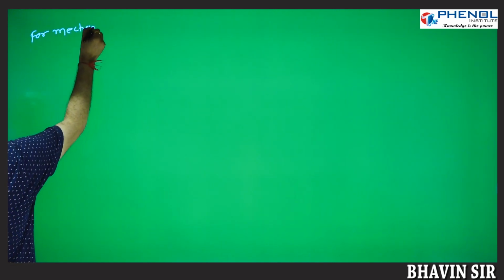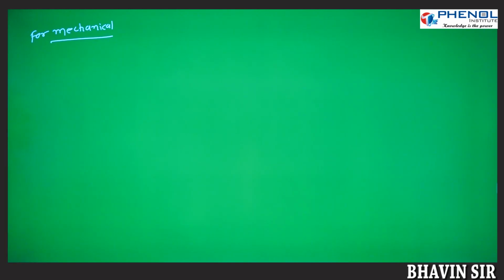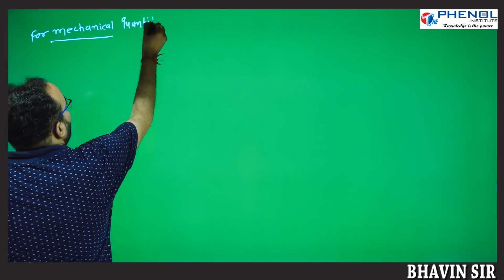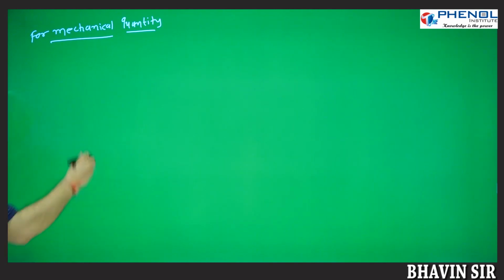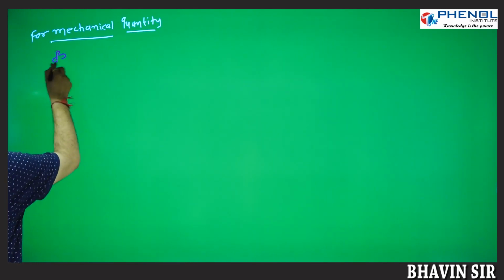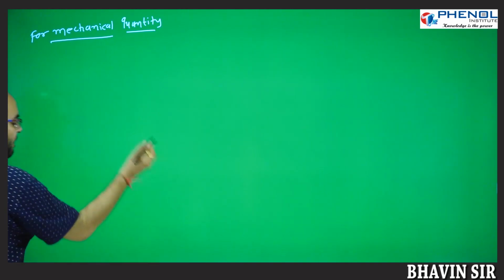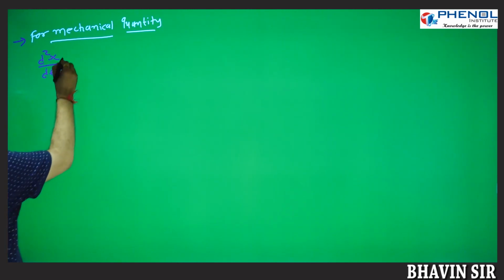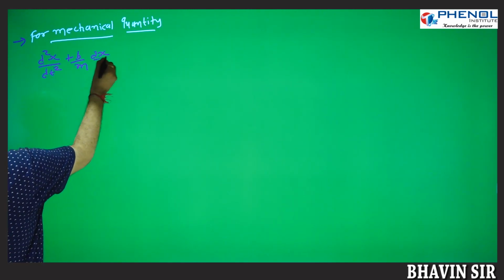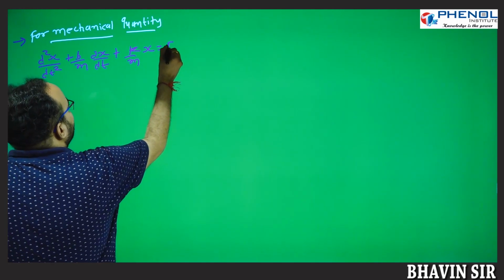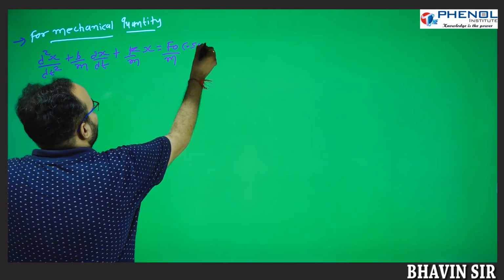For the mechanical quantity, what is the equation that we derived here? d square x by dt square plus b by m dx by dt, and so on.